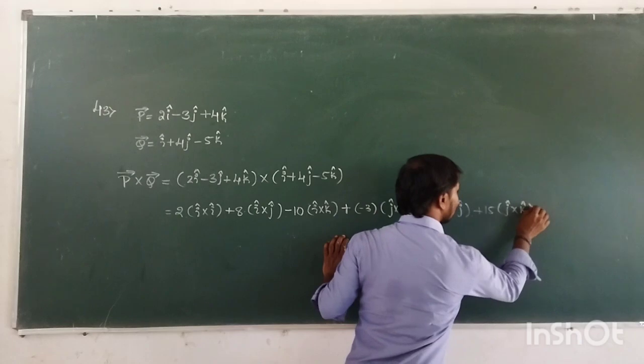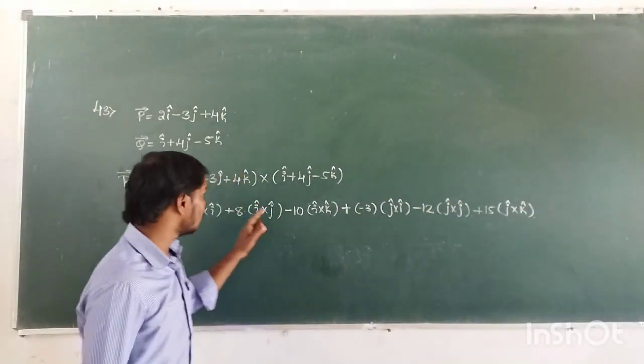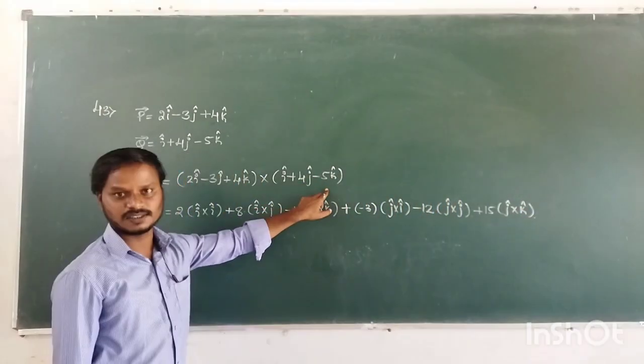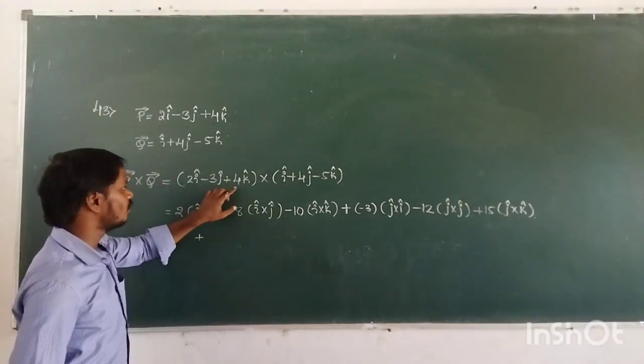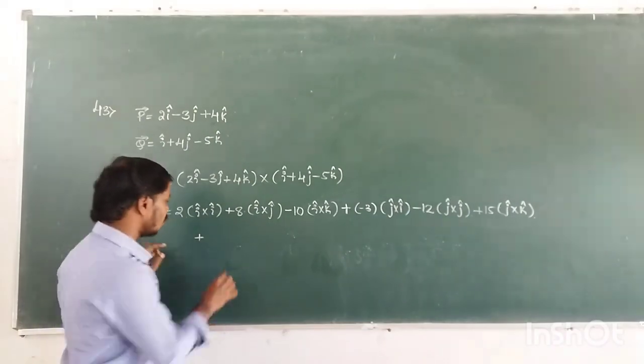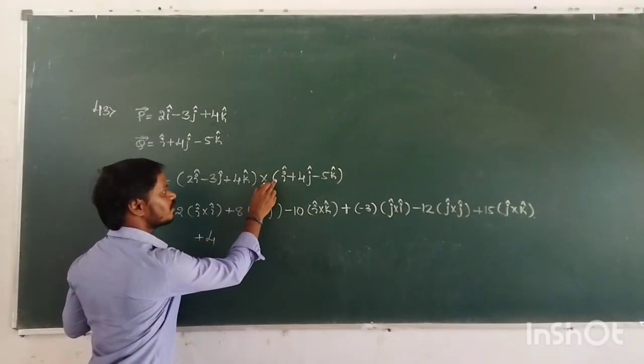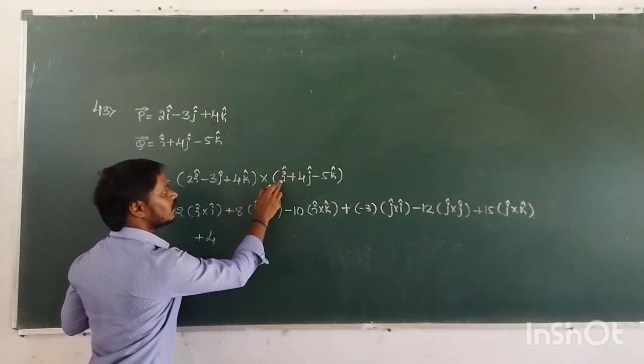Next, the cross product of the third term of the first bracket with the second bracket. Plus 4 into plus 1, that is plus 4, k cross i.